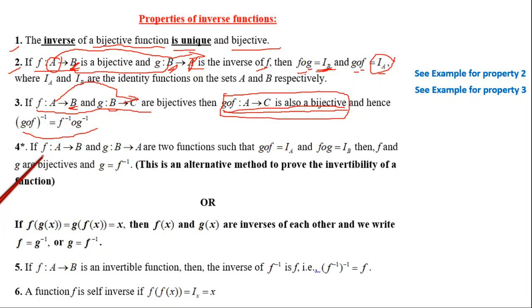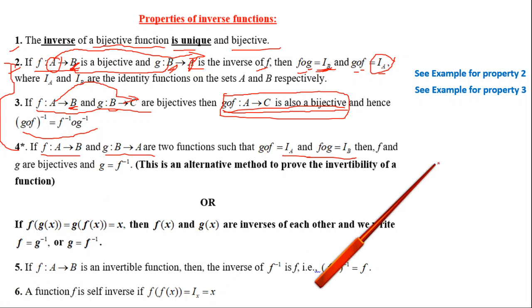Here it says that if F is a function from A to B and G is a function from B to A, then F composite G is identity in A, G composite this. Already we have seen this in the second one. Yes.